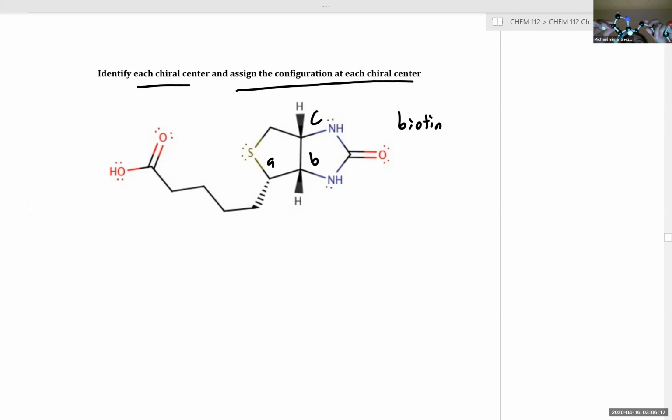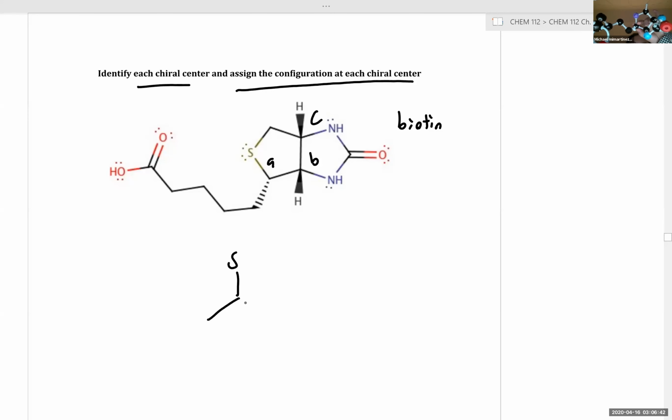Okay, beyond that, let's take a look at center A. All we have to do is rotate our molecule so that this hydrogen is in the back. And then we're going to draw what we see.